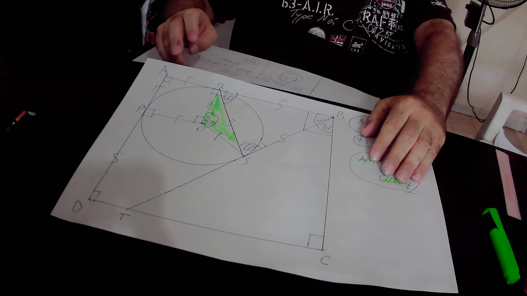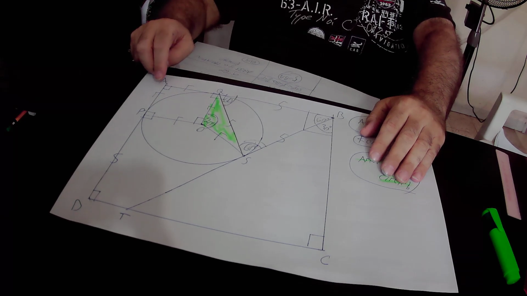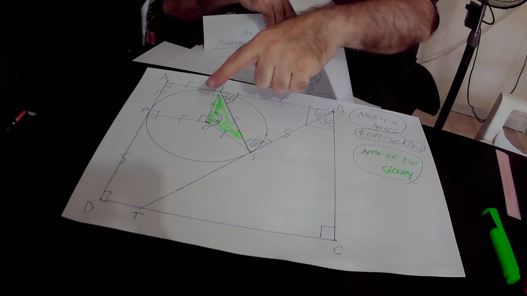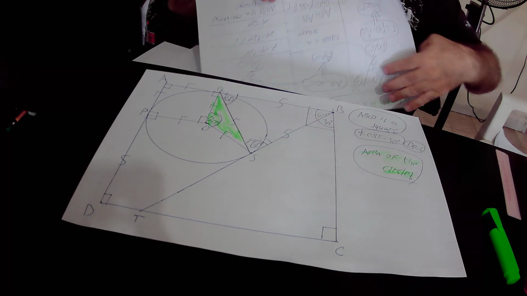That is to say, PO equals AQ, but PO equals R. It is the radius of the circle.